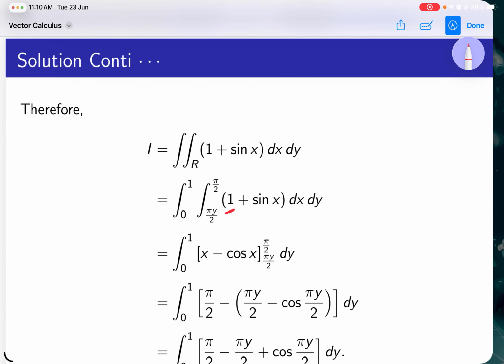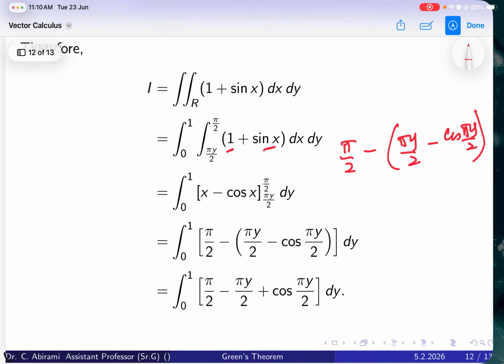The integral of dx is x, the integral of sin x is minus cos x, from pi y by 2 to pi by 2, dy. So if I apply the upper limit, what happens? Pi by 2 minus cos pi by 2. Cos 90 is 0, so the upper limit gives pi by 2. Minus the lower limit, pi y by 2 minus cos pi y by 2. Minus into minus becomes plus.